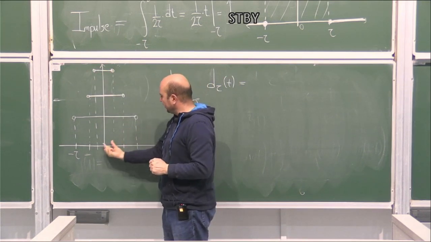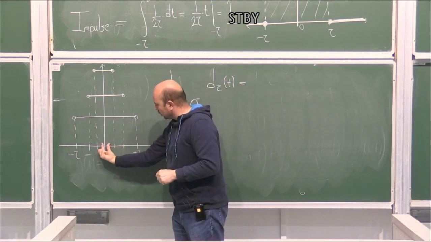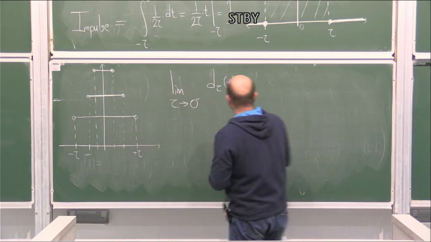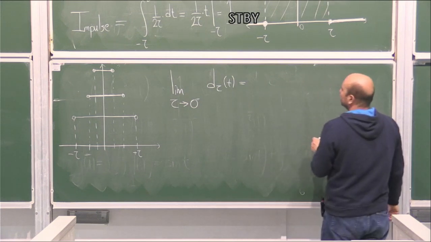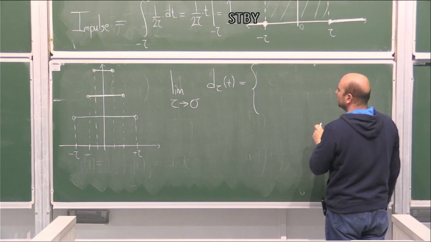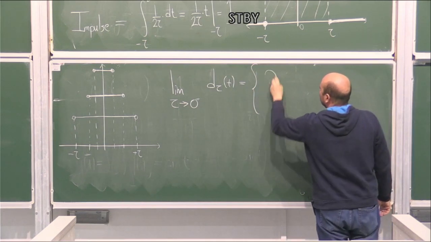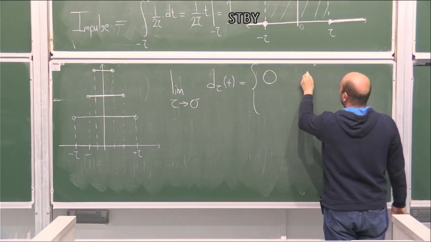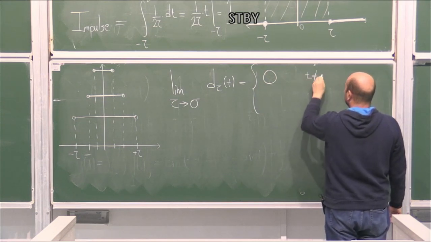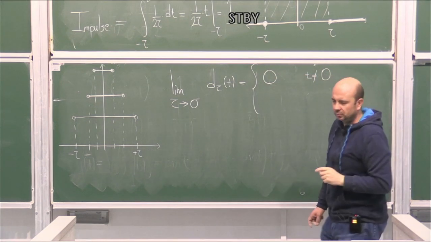So as tau goes to 0, this interval goes to basically 0. Then what we get is the following function. Eventually, when t is not 0, this function is completely 0.